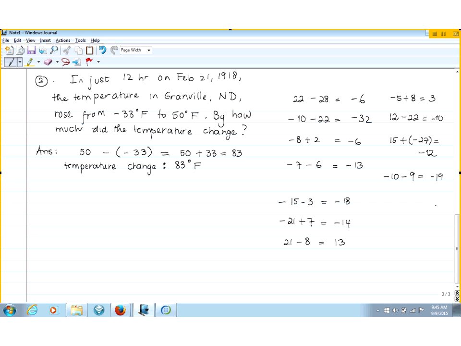So if you have a problem with this, if not, then you're good. I'm very sure you can do your homework easily if you don't have a problem. But if you do, then please come see me. This is very important. So integers.